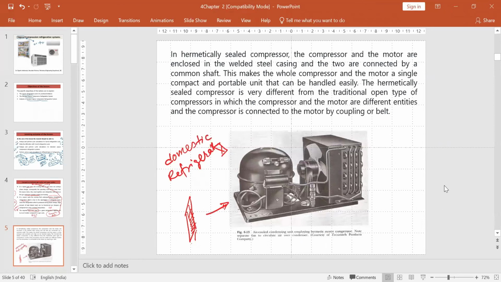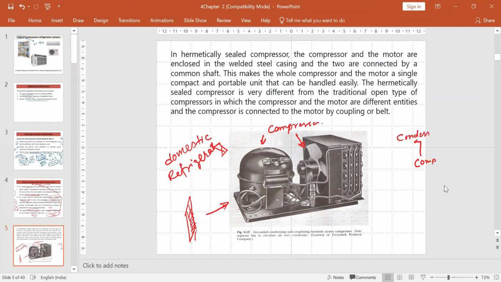This is a fan, an extra fan is used, and this is the compressor. In the vapor compression cycle, there is a compressor, and after the compressor, there is a condenser.